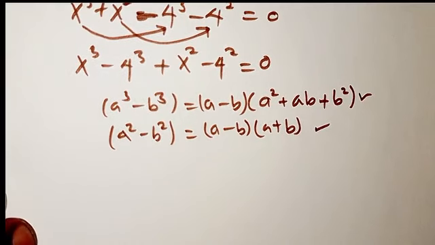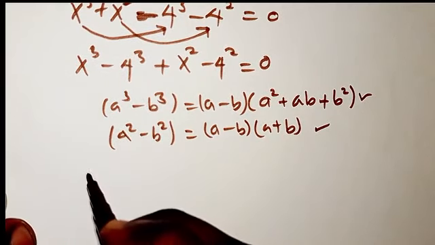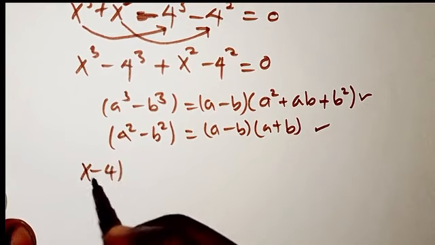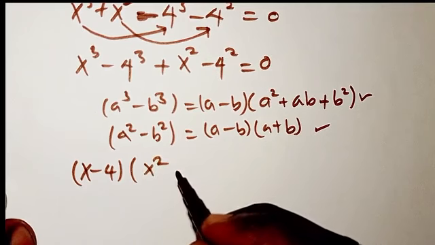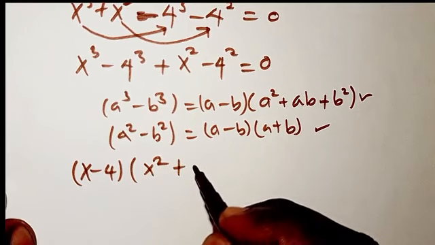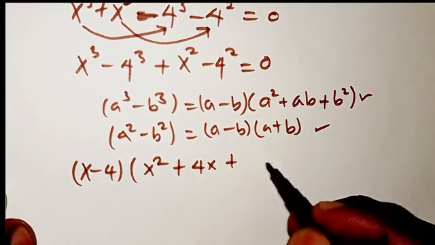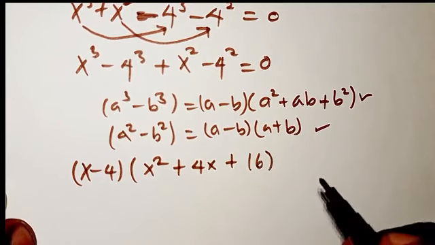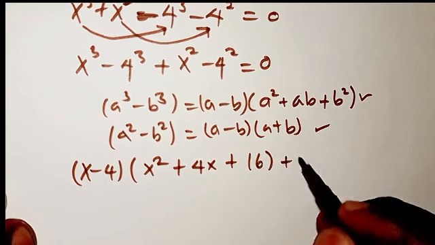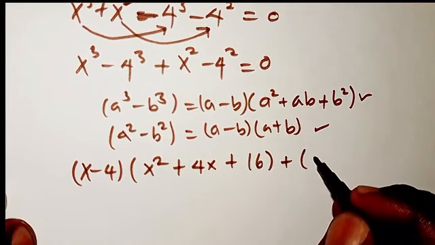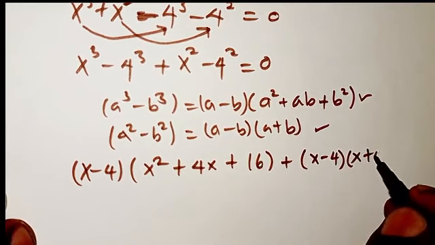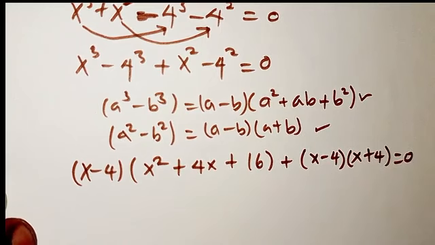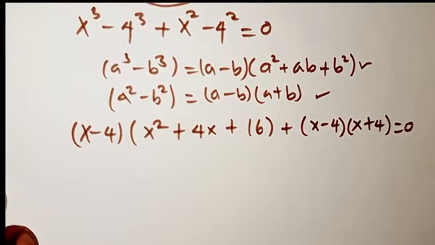Therefore I'm going to be having x cubed minus 4 cubed as x minus 4, then x squared plus 4x plus 16, plus here x minus 4, then x plus 4 equals 0. So we move further.